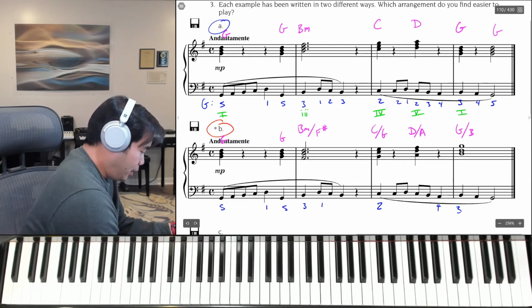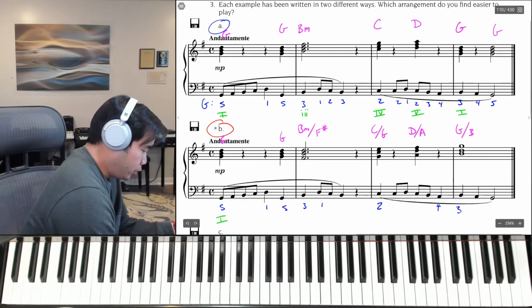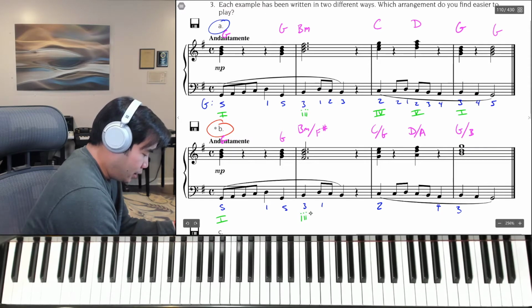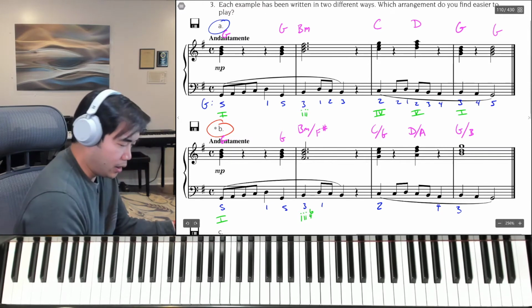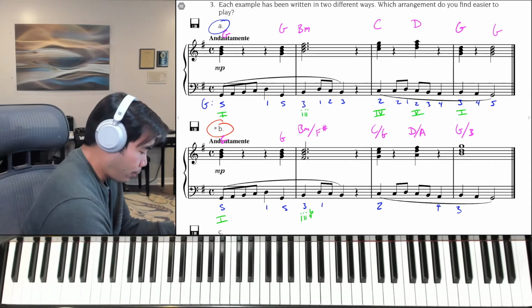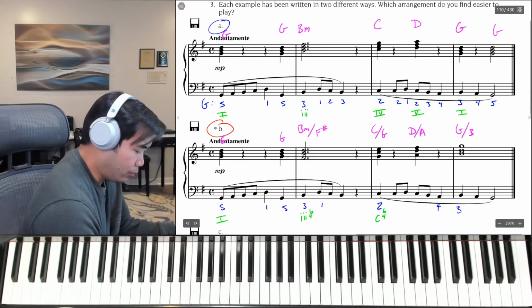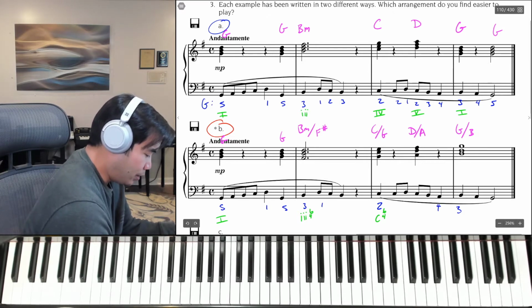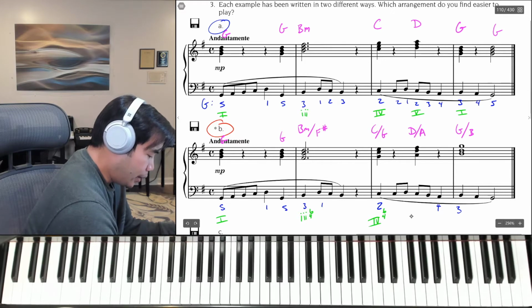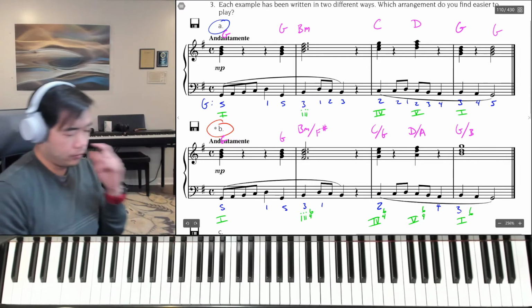In example B, 1 chord, then it goes to a minor 3, 6, 4, since it's in second inversion. Then it goes to a 4, 6, 4, also second inversion. Then to a 5, 6, 4, and then to a 1, 6.